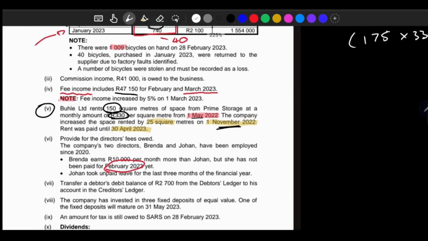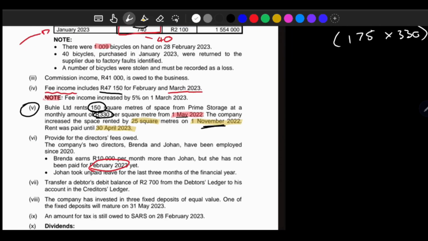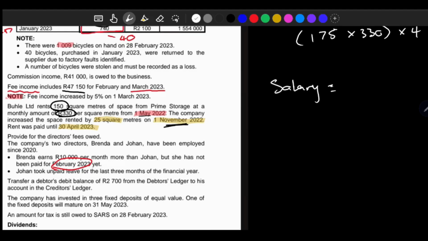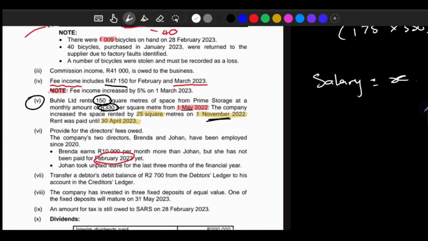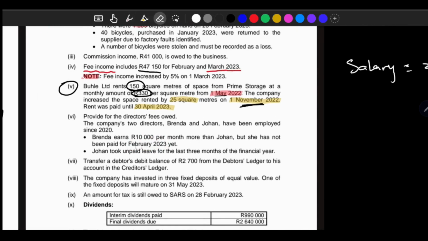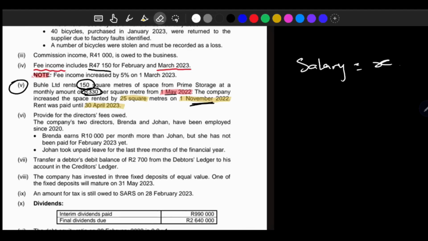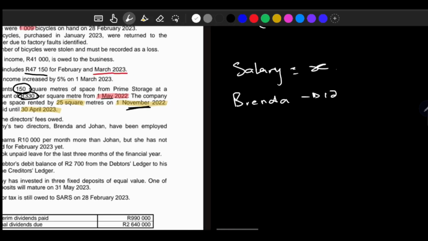So I'm just going to start by saying that we're going to allocate the salary that they earned per month to a variable. So yes, I'm taking it back to maths. We're going to say it's X. Whatever salary they earned, we're going to denote that by saying X. Now, what we know is that a year has 12 months, right? Well, I think we've learned that one, it has 12 months. And what has happened here is that Brenda is supposed to receive 12 months salary, but she only received 11 months.